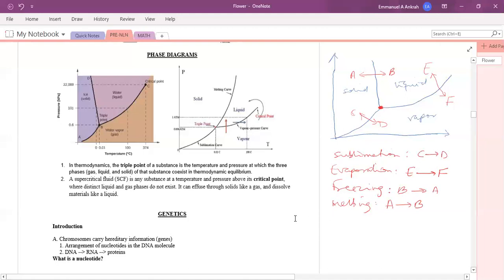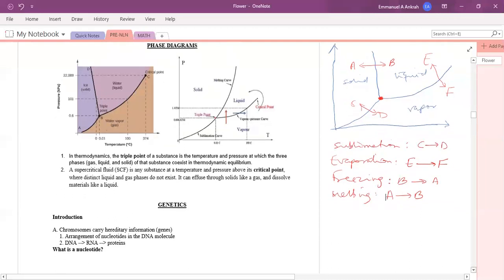So that's how you use this diagram to answer questions. You don't need to know too much about this, just the regions. The diagram will show you the solid, liquid, and gas, and then you should be able to determine what each one represents.